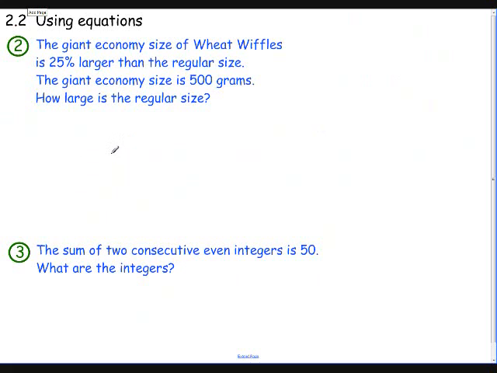The giant economy size of wheat whiffles is 25% larger than the regular size. Okay, so we've got the cereal, and then we have the giant economy size, which is a little larger, 25% larger actually, right?